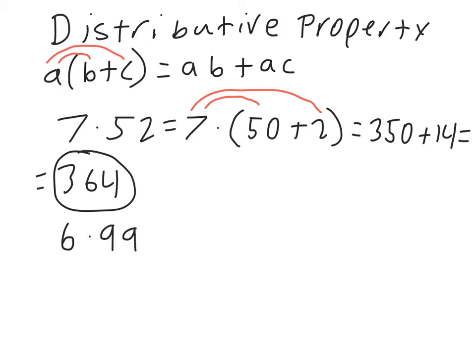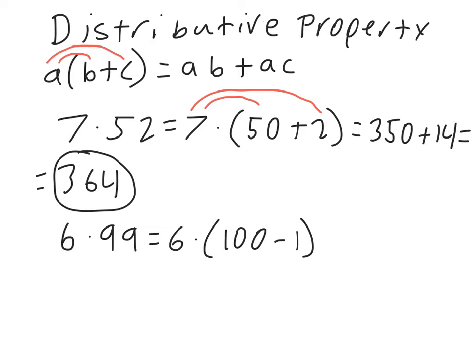Alright, let's do one more of these. Here we have 6 times 99. That probably could be a pretty difficult problem. But if you turn it into a distributive property problem, it actually makes it really easy. So, let's try it out. We'll take 6 and we want to multiply it. And we need to think, what are two easy numbers that we can easily change 99 into, using addition or subtraction? Well, 99 is really close to 100, right? And to get from 100, we just subtract 1 to get to 99.